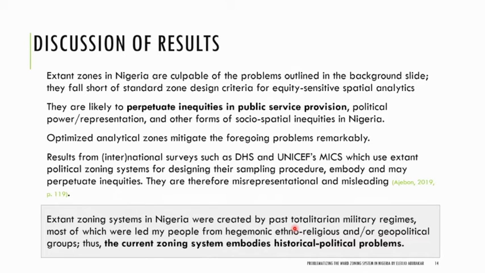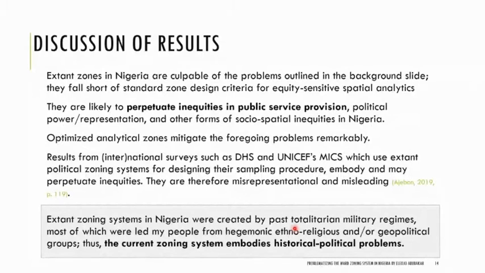But existing weighting adjustments will not solve zoning problems, because as you change the configuration and the size of the zones, the weights are going to change, and by implication, the results you get from those surveys are going to change.